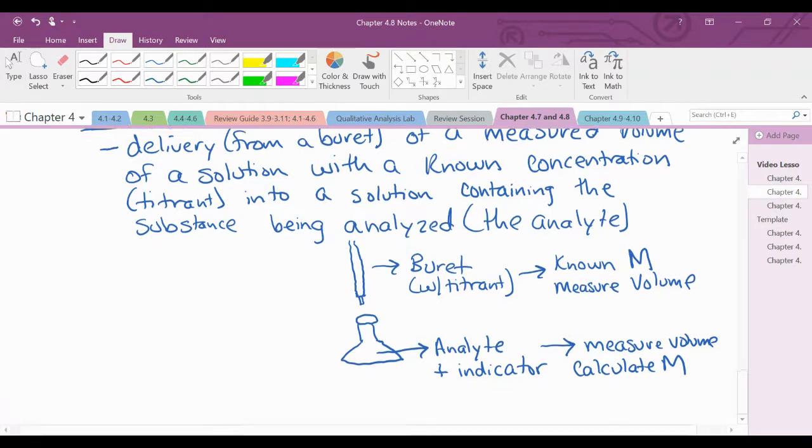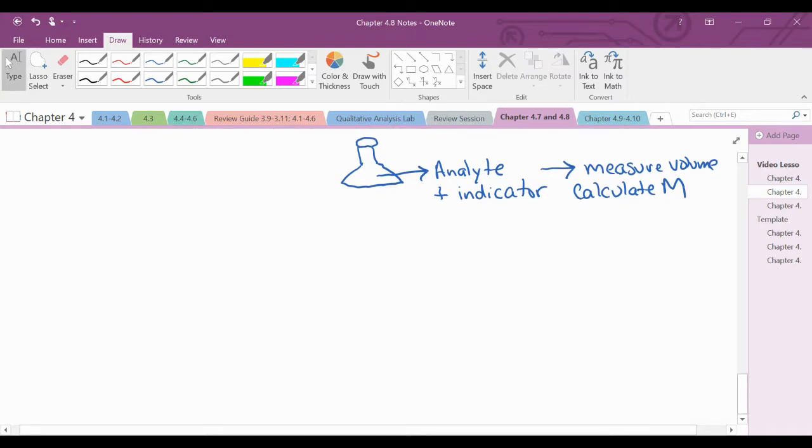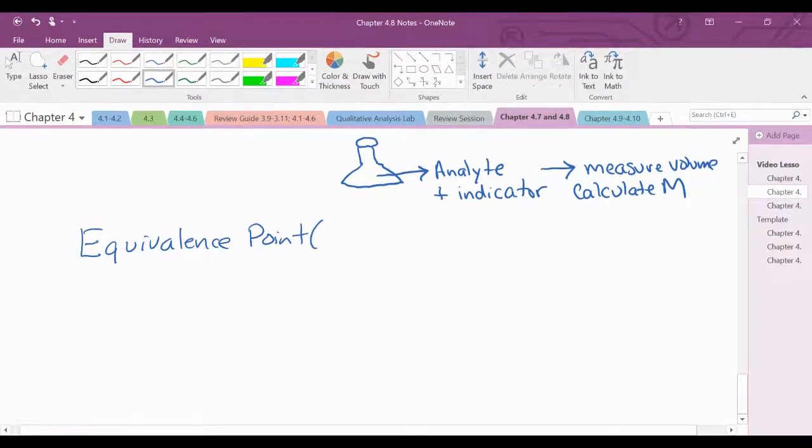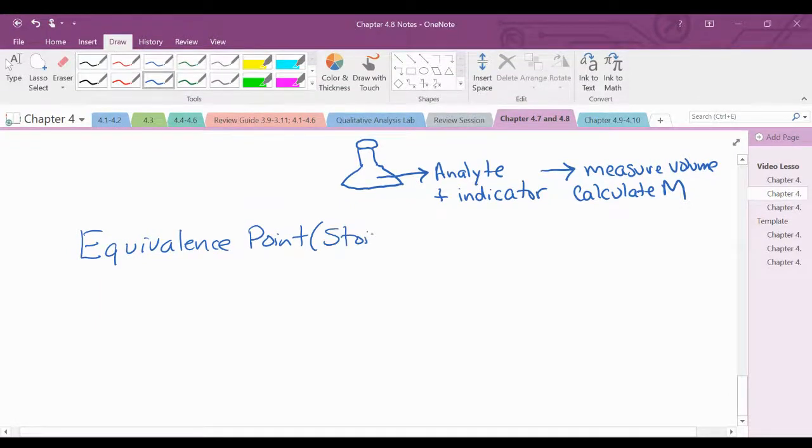So when you're doing these titrations, you would have the equivalence point. It's also referred to as the stoichiometric point.